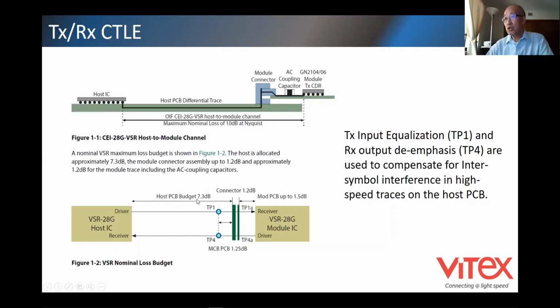The budget is 7.3 and so on from TP1 to TP4. And what that CTLE is doing is trying to do an equalization on the transmitter side or the emphasis on the receiver side, right?